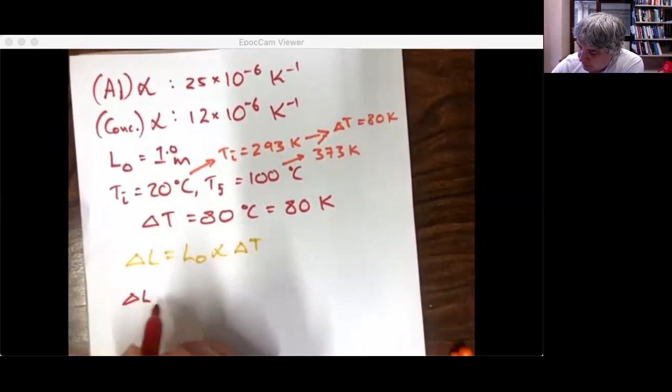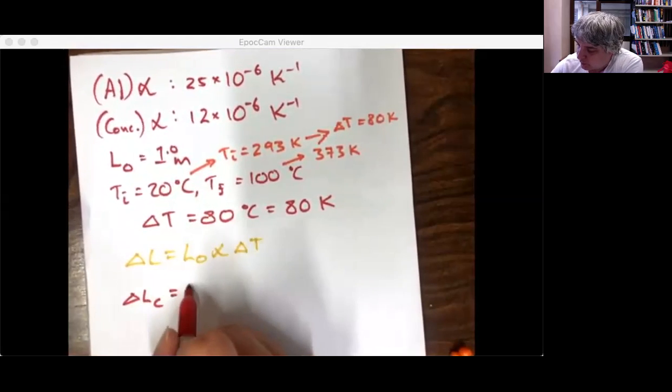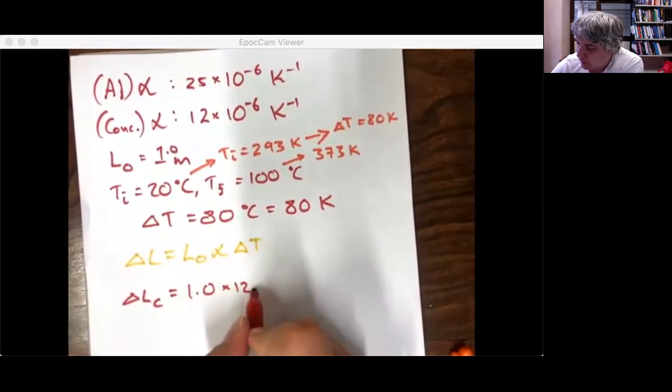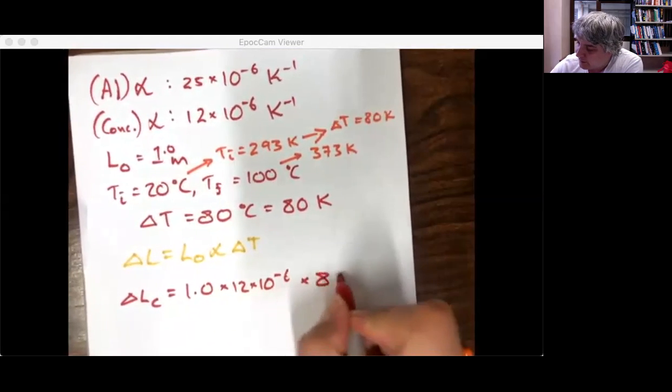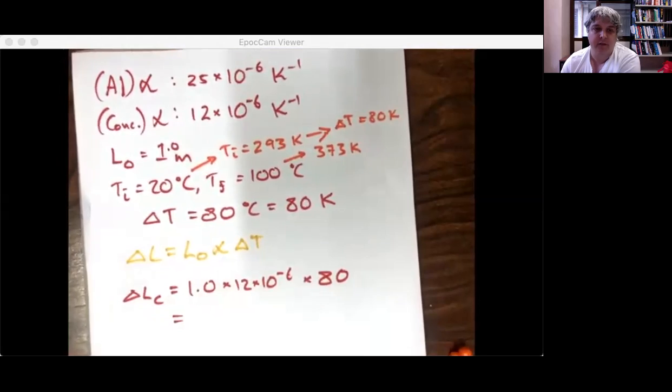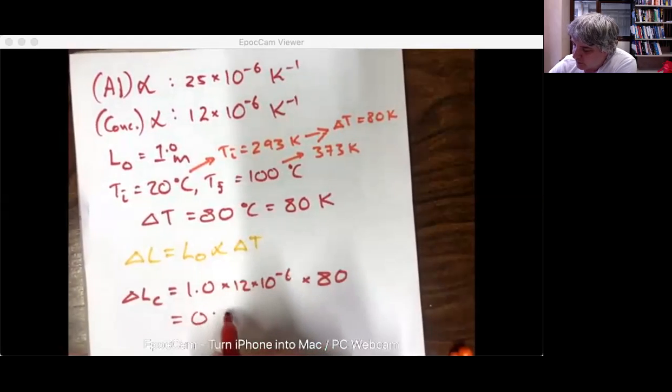So delta L for concrete is equal to 1 meter times 12 times 10 to the negative 6 times 80, because we've gone up 80 degrees. So that gives us, if you get your calculators and plug those values in, you will find, I'm just double checking my result here, for concrete, 0.00096 meters.